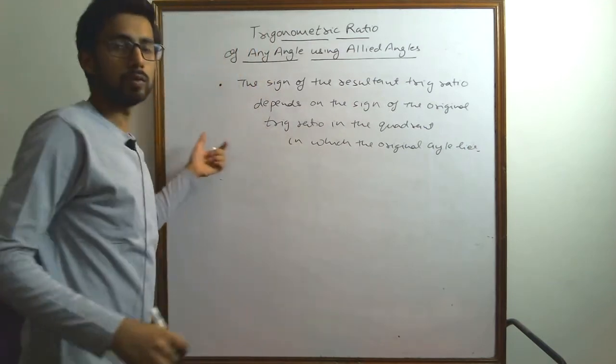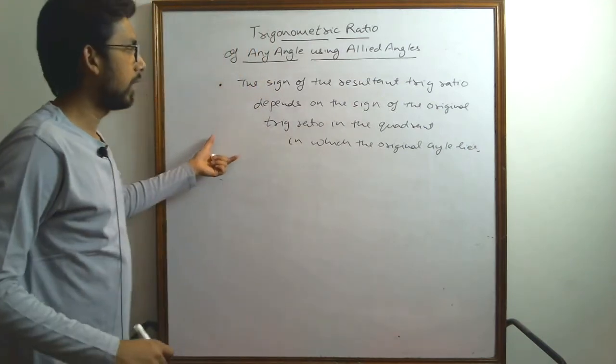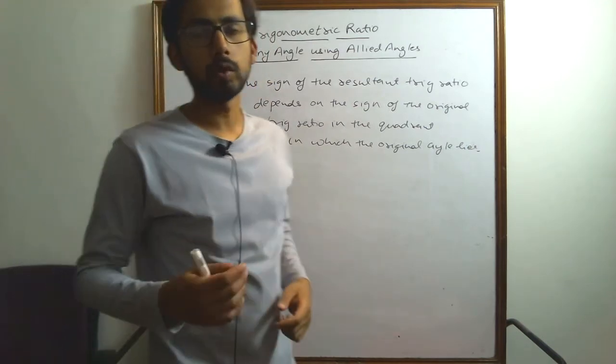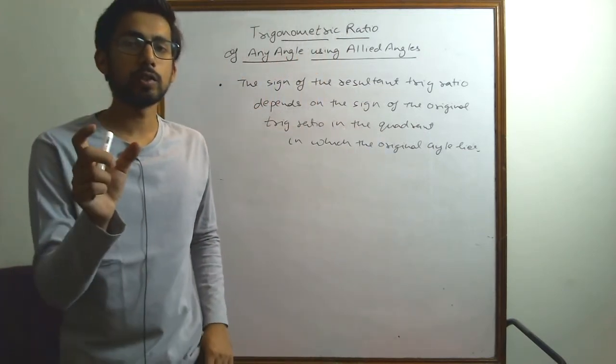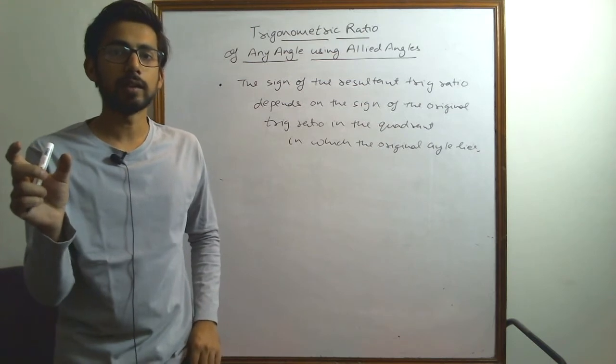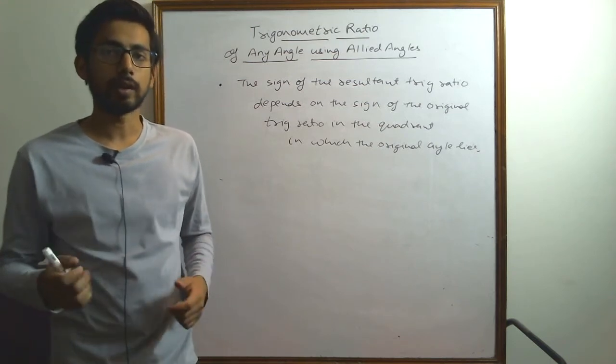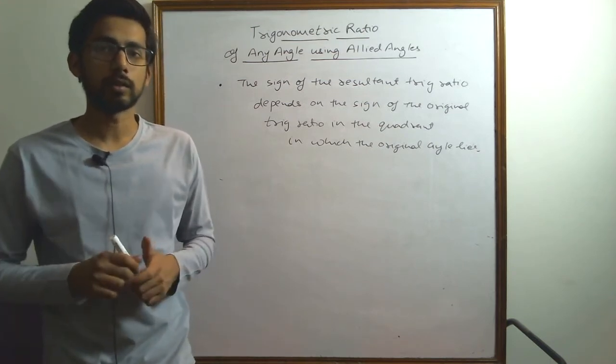This is the second rule for the allied angles. Now if we apply both of these two rules, we will be able to write any trigonometric ratio of any angle in terms of an acute angle. So let's see how that goes.